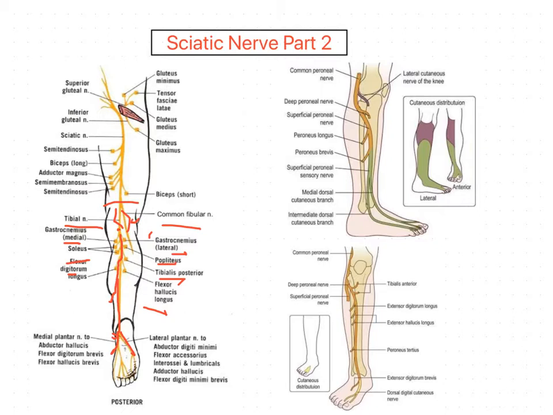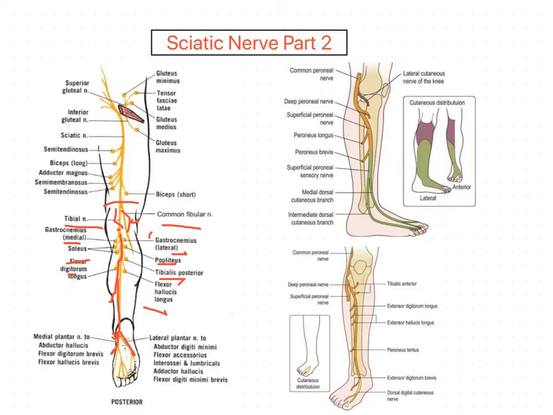At the back of the leg, it also gives medial calcaneal branches, which are cutaneous branches, and also a branch to the posterior tibial artery. So these are the branches given by the tibial nerve.